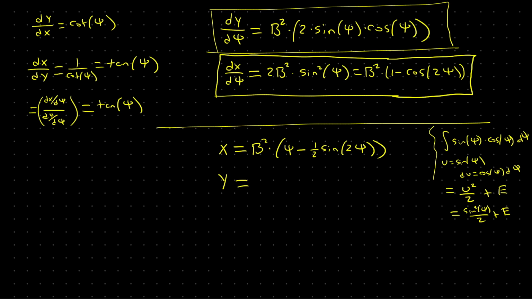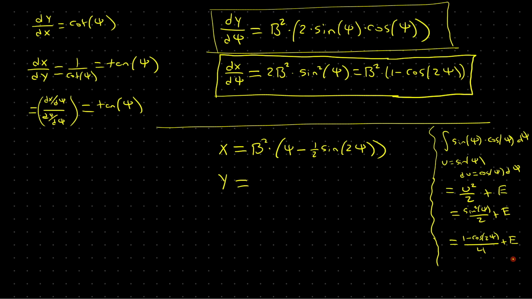Where again, to simplify what we're writing down, we can use the double angle formula. Sine squared is 1 minus cosine of 2 psi over 2, so this will be 1 minus cosine of 2 psi over 4 plus e.